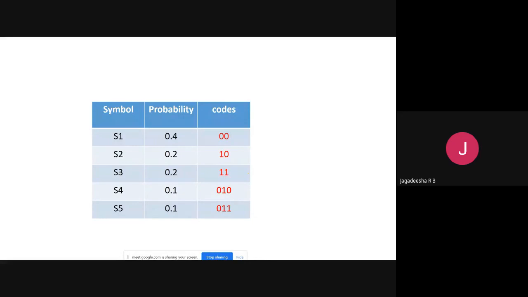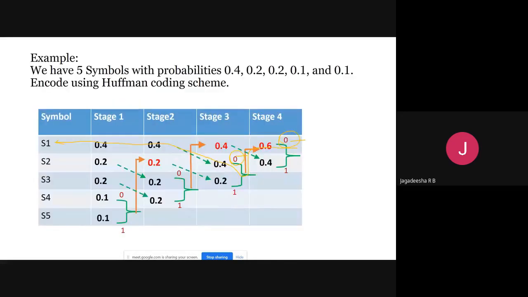Next for S2, I will use my pen again with a different color. Maybe I will use purple. Okay, now I want to find for S2, how to go to S2 from here. Maybe I will first find out the forward path because that is much easier for me.